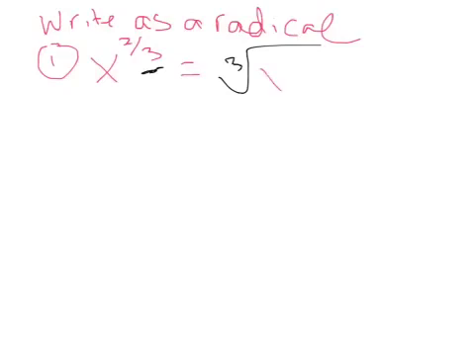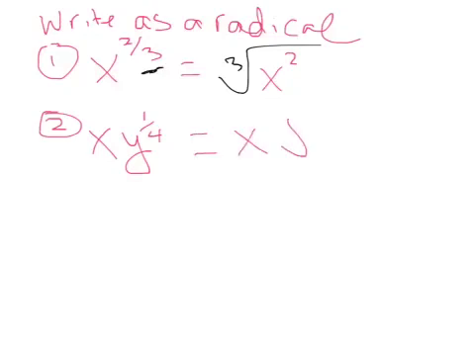And then the x and the numerator are in your radical. I've seen things like this, where you might have x, y, let's say to the 1/4. The only thing with the denominator is the y. So the x is on the outside, the index is a 4, and the y is on the inside.